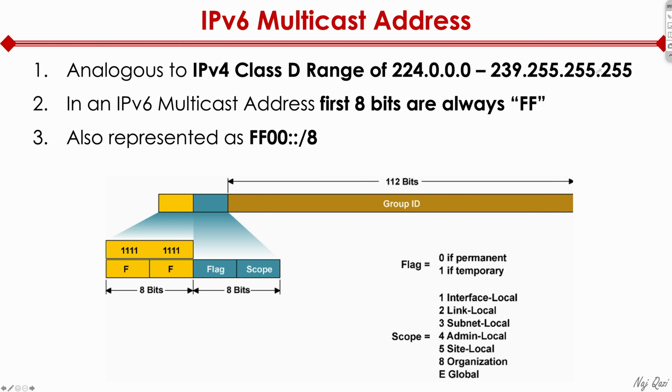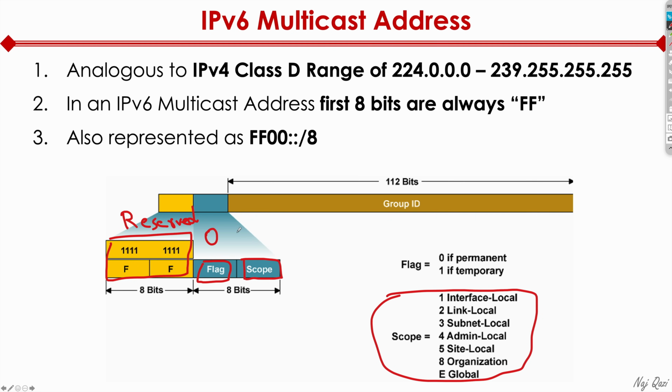Now, if you were to look at it from the addressing space perspective, these two hex digits, FF, which in binary are all ones, are reserved. And then the bits right next to it, you could have a flag here. Typically, you'll see that as a 0, which means permanent, unless it has 1 in front of it, which means temporary. And then the last hex digit in that quartet would be the scope.